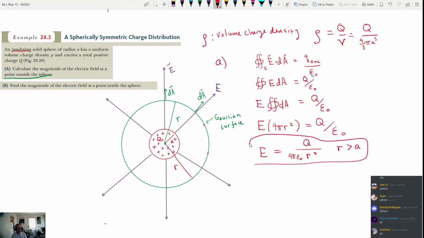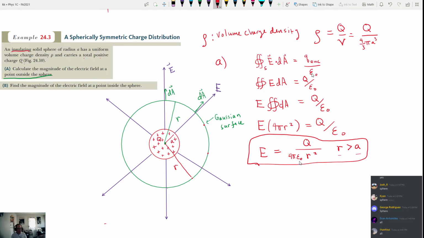So something that comes out of this derivation that's really important is, even though I have all of the charge smeared out over the volume of a sphere, it's all spread out inside of there, right? The electric field that we get is the same as the electric field you would have gotten for a point charge. But it only works for r greater than a.